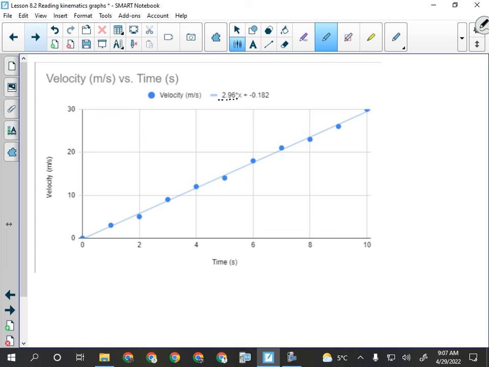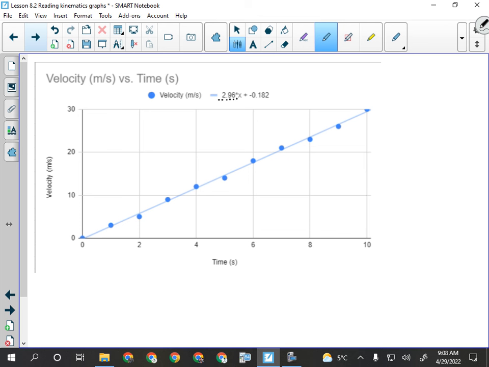Okay? In this case, 2.96 meters per second every second. Right? So every second it's going just under 3 meters per second faster than the second before. Okay. All right.